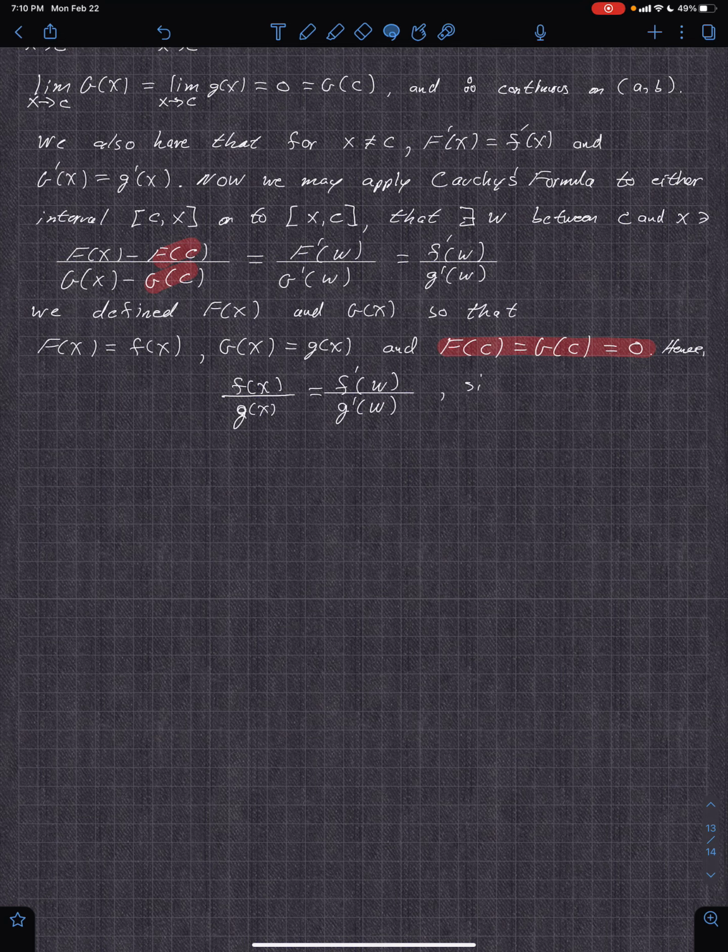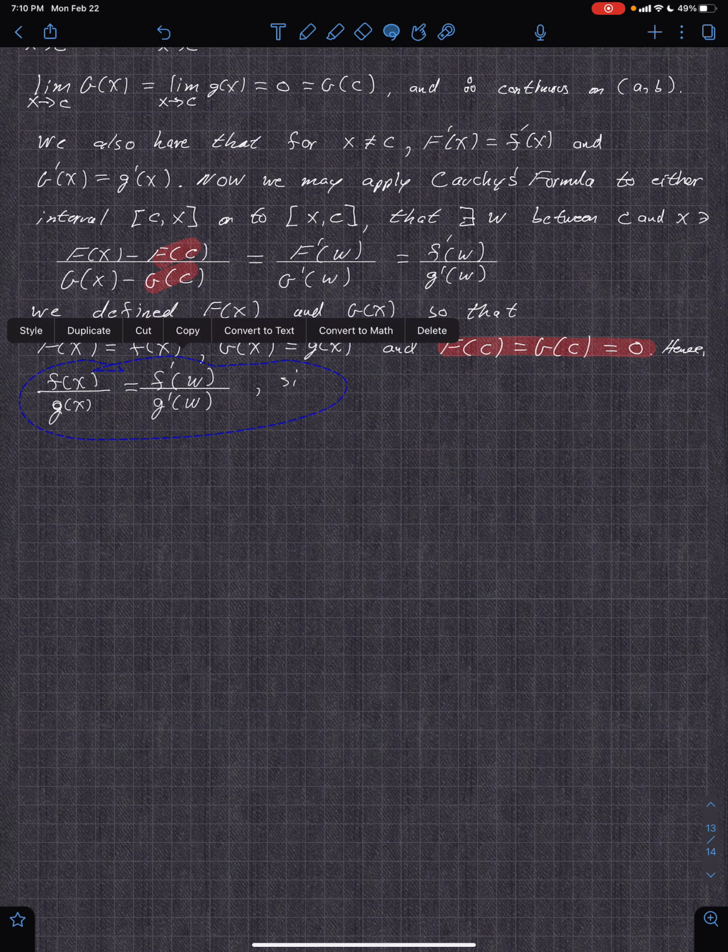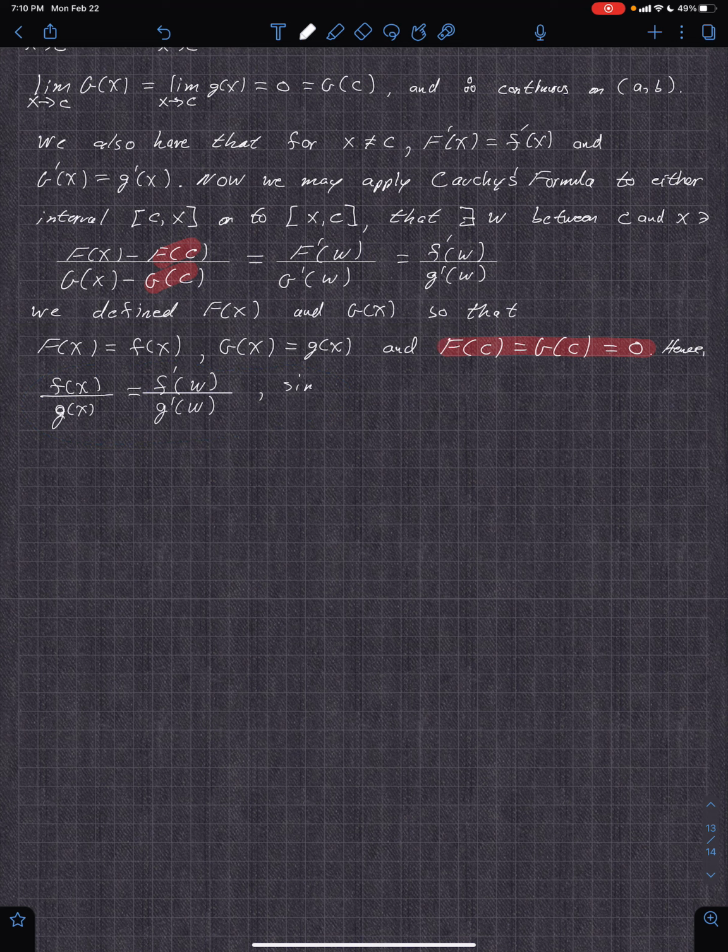All right, so I'm going to move this over. Since w is always between c and x, it follows that the limit of f of x over g of x as x approaches c is equal to the limit of f prime of w over g prime of w as x approaches c.